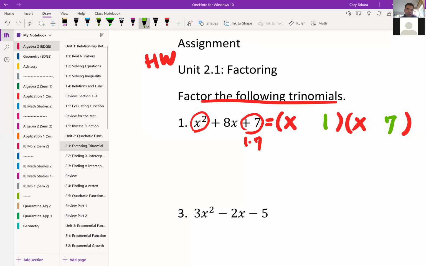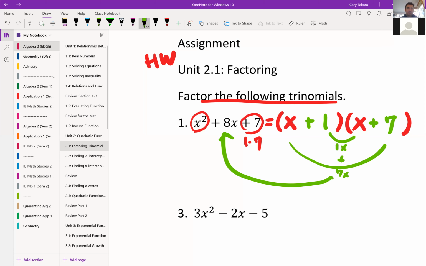Okay. And then if you do the donuts, it's 1x and 7x. If you add them, will you get the middle term? You do, right? 7x plus 1x is 8x. So that's it.